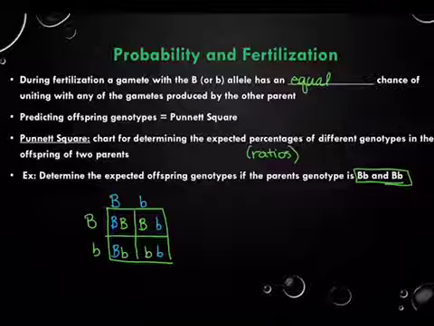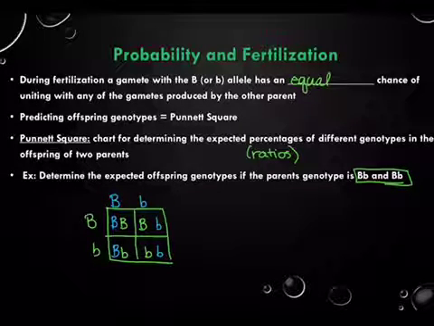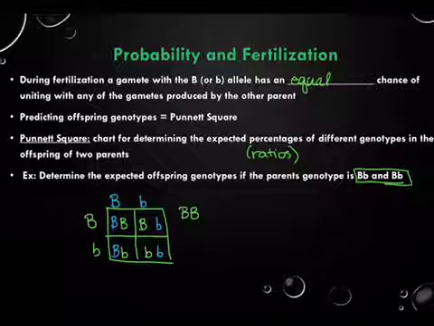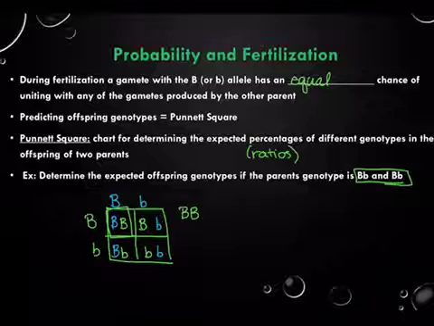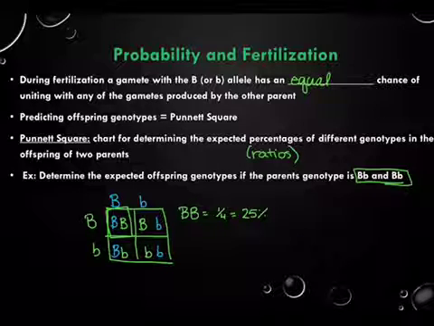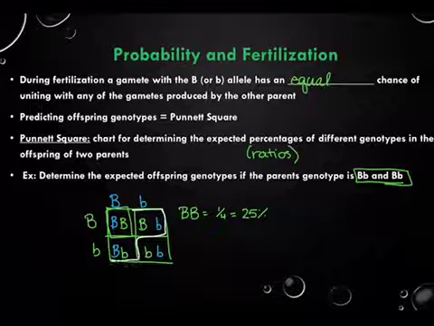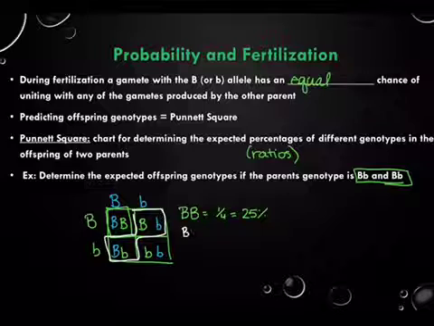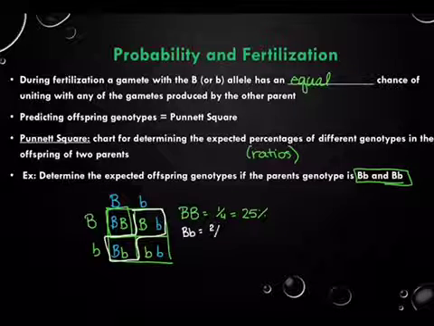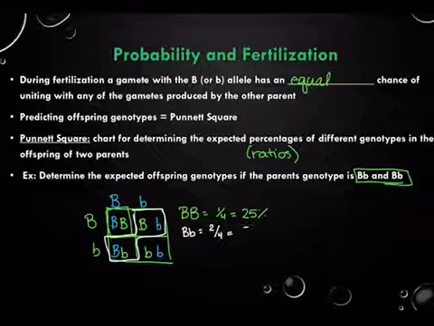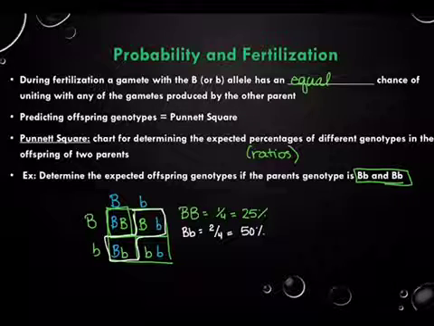Now we've completed our Punnett square, and we can see that for the homozygous dominant genotype, we have 1 of the 4 boxes. 1 of 4 in terms of percent is a 25% chance that the offspring will be big B, big B. Then 2 of the boxes have the heterozygous genotype, which is 2/4 or 1/2, equal to 50%.